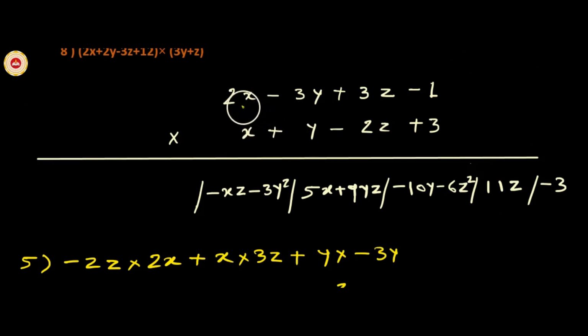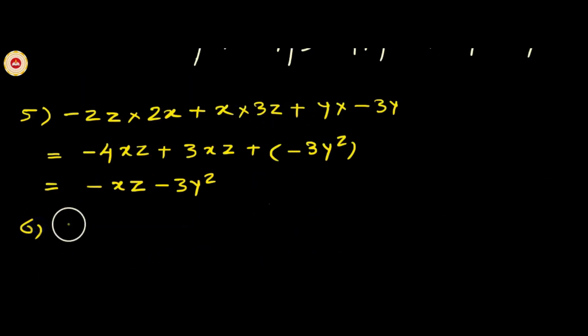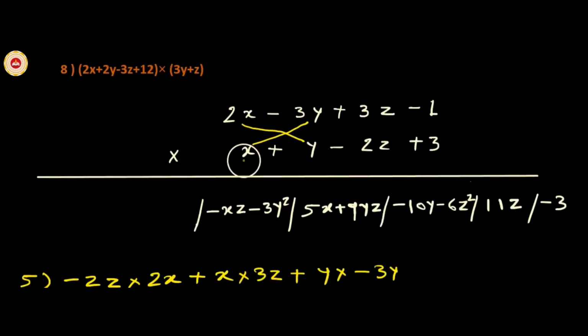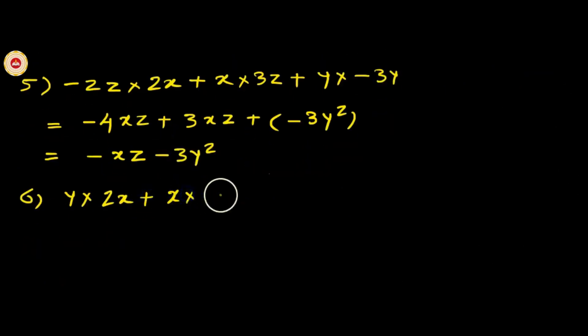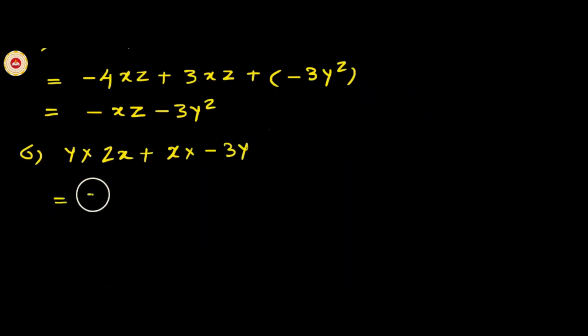Multiplying the terms in these 2 columns crosswise, y multiplied by 2x plus x multiplied by minus 3y, which is equal to 2xy plus minus 3xy, 2xy minus 3xy, that is minus xy.